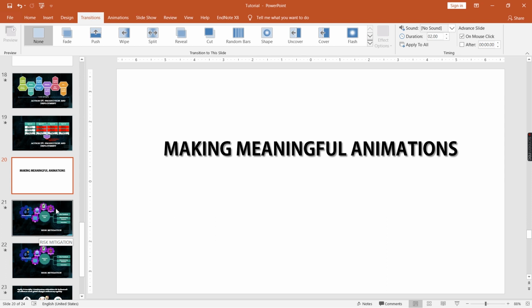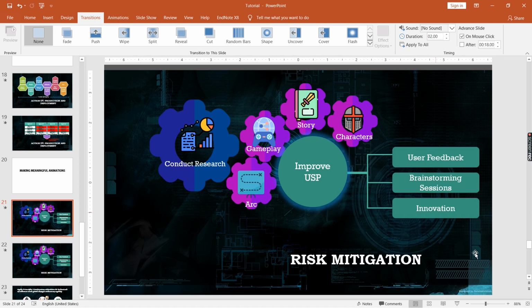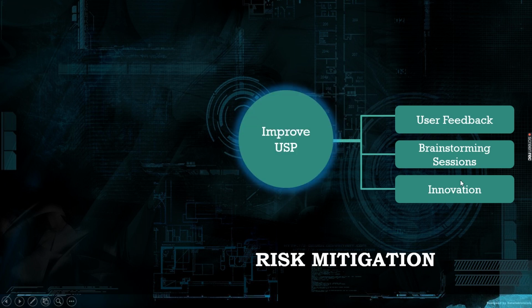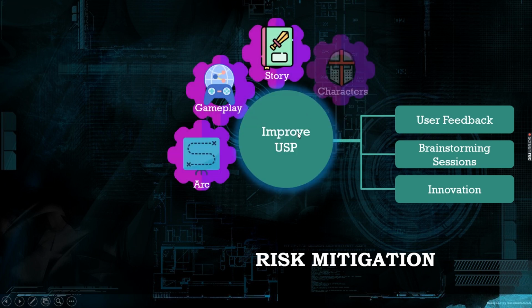So this is one of those animations where if you go back to the video, you'll see that when Elaine talks about the USP and how these three things can improve the USP, and how we were having issues with these, but using research we can improve those.